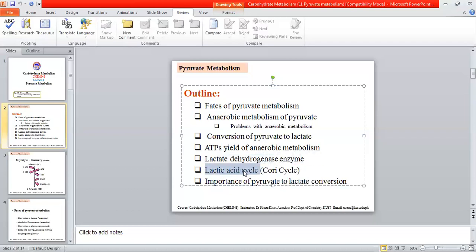We will discuss how the lactic acid synthesized in the body is cycled from muscles to liver, and later on how it is consumed. And finally, in today's lecture, we will elaborate the importance of the conversion of pyruvate to lactate.